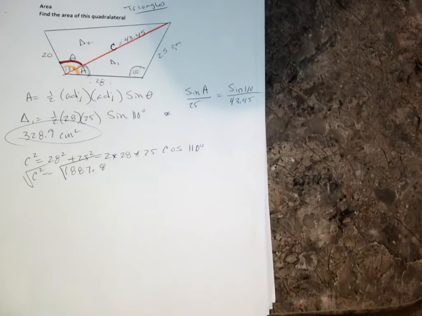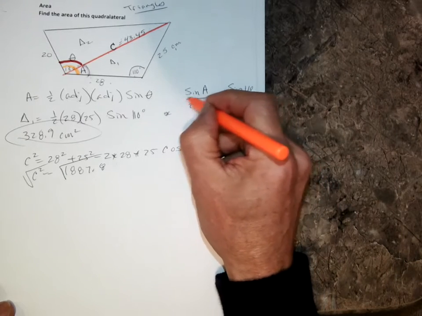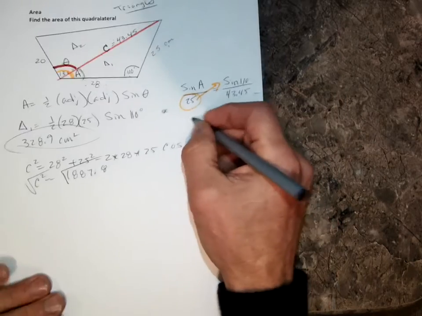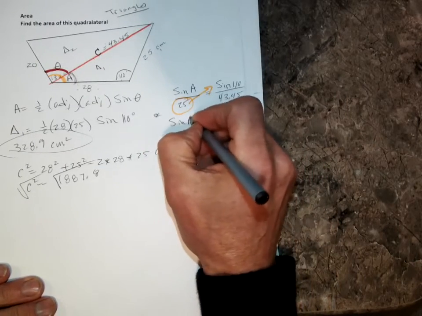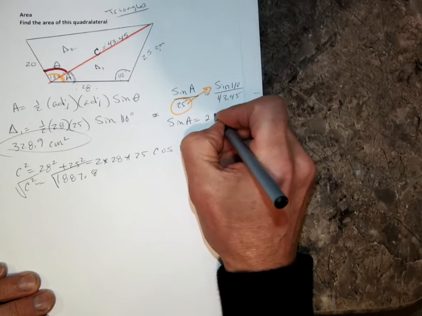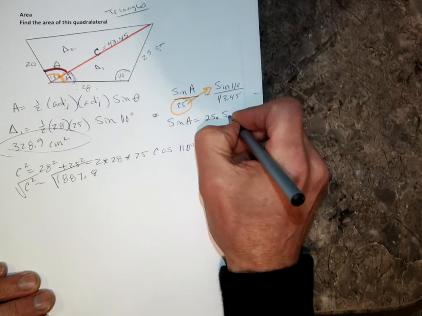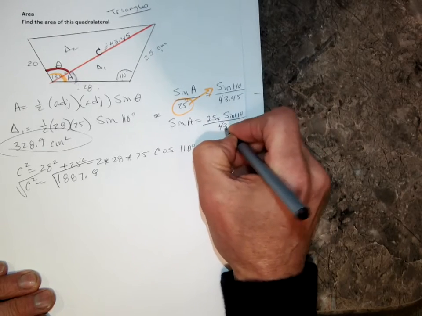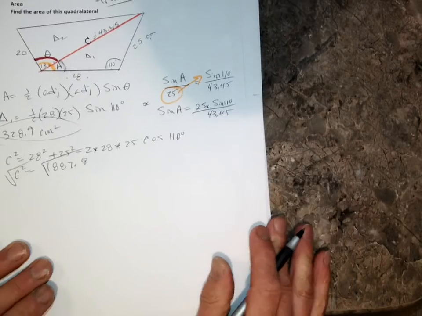Remember how we did that? Opposites. That's what I like about this problem. It requires us to use all of our math. Let's multiply up the 25 to solve for that. Then sine of A is equal to 25 times sine of 110 divided by 43.45, right?